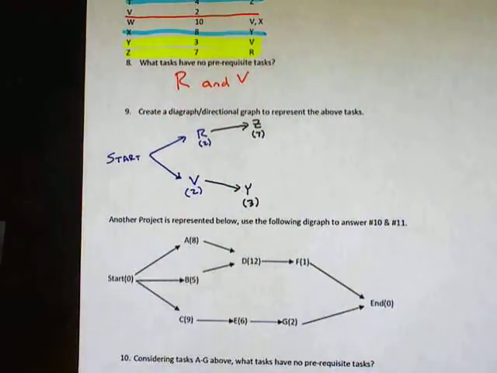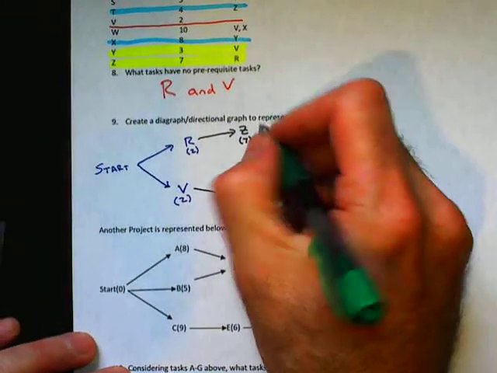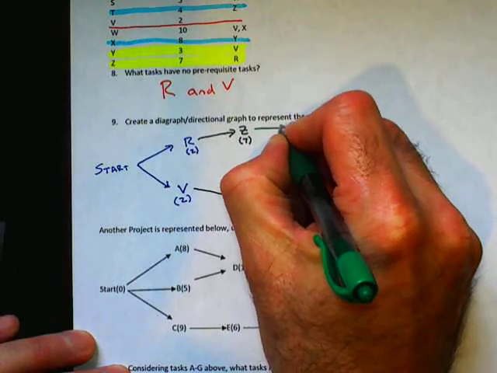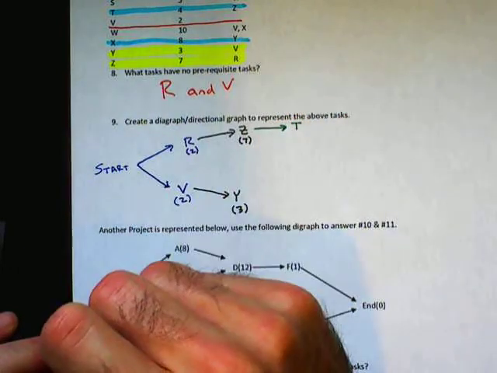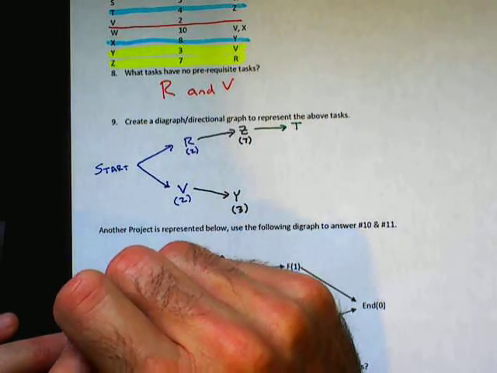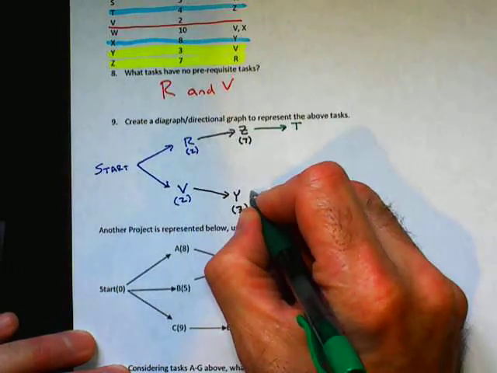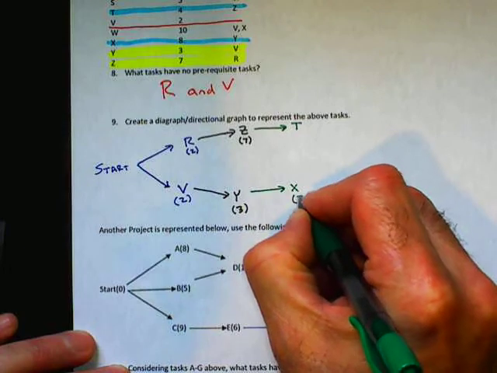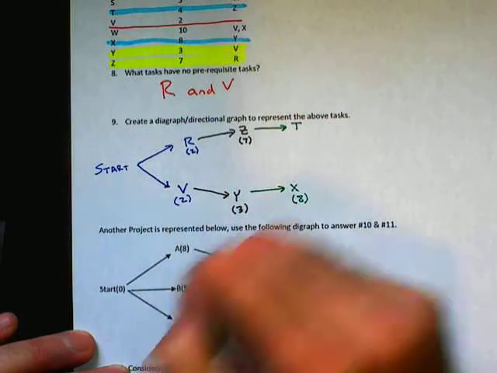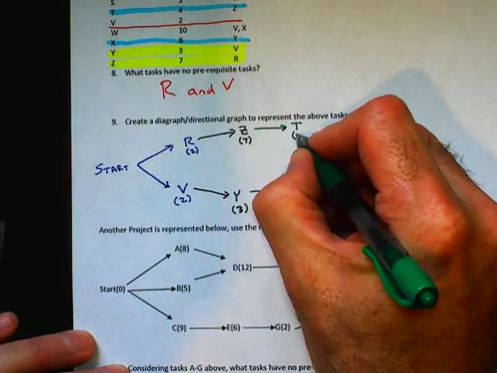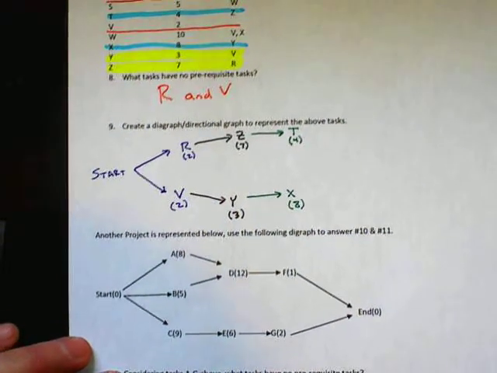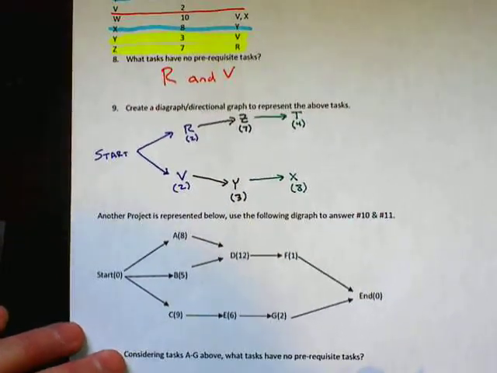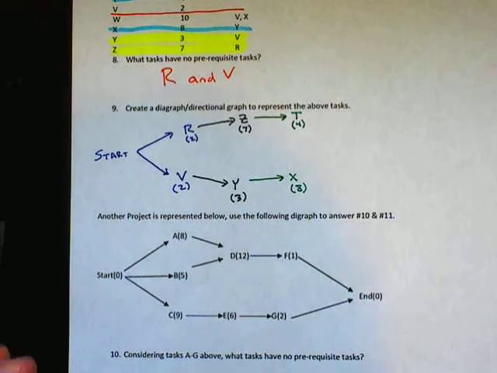So that's X and T. T after Z, and X after Y. X takes 8 hours, T takes 4 hours. Okay, so that's where we are with regards to the flowchart.